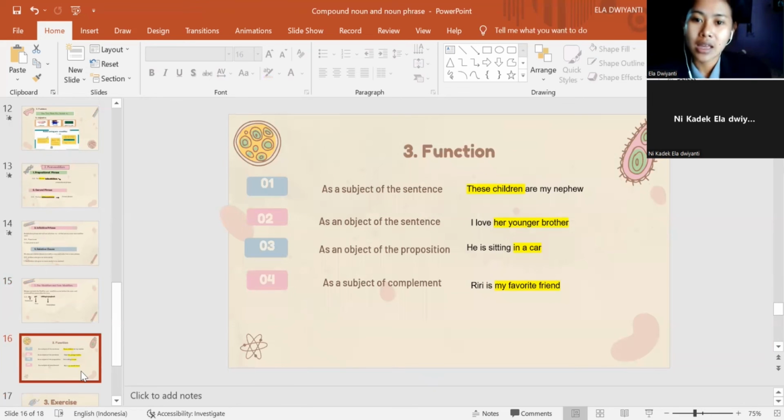And the last is function. Function of a noun phrase. The first one is as a subject of the sentence. These children are my nephew. These children is a noun phrase.